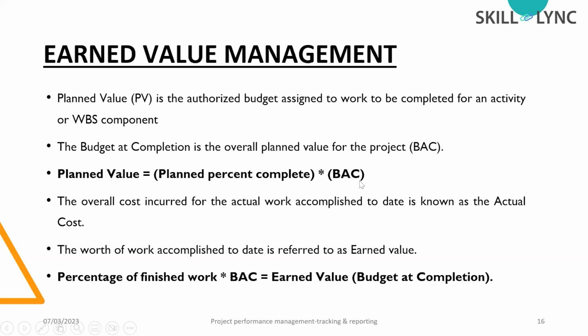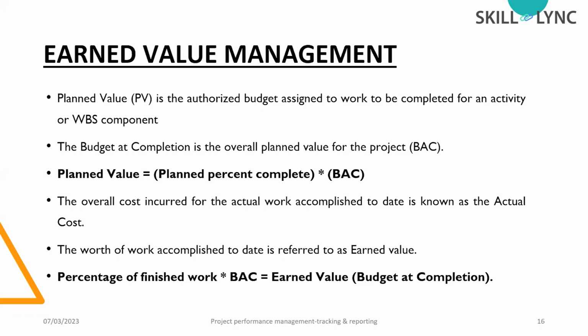For example, if we are doing a villa construction and the budget at completion is say 10 lakhs, and you are midway, say 50% of the progress has been completed, how do we check the planned value? Just multiply this 50% with the 10 lakh and you will get the planned value.